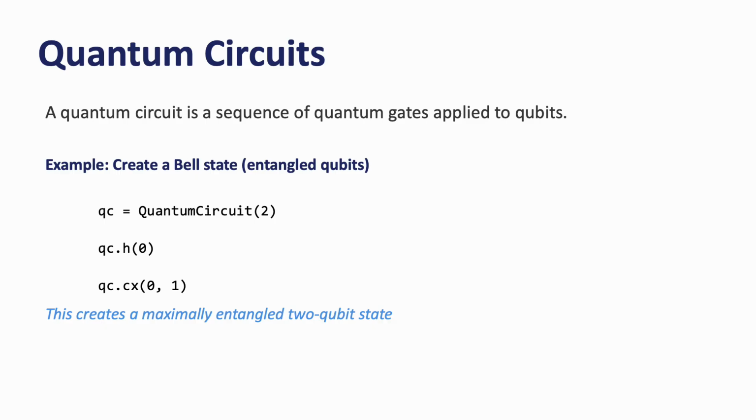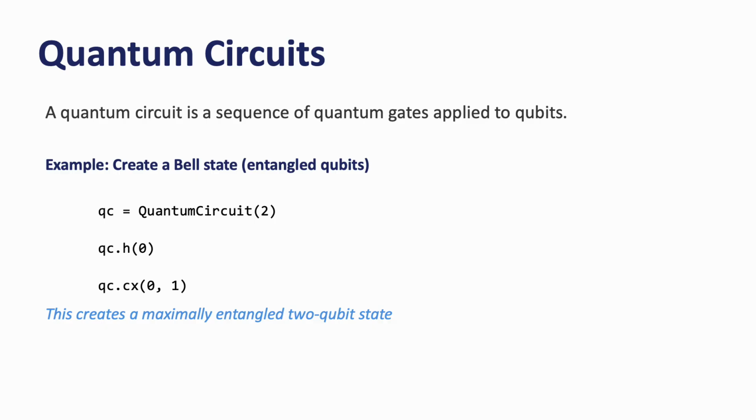The result is a Bell state, which is a specific type of entangled state where the two qubits are perfectly correlated. The beauty of this circuit is that it demonstrates the key quantum properties we have been discussing, superposition and entanglement. With just two gates, we have created a state that has no classical equivalent.